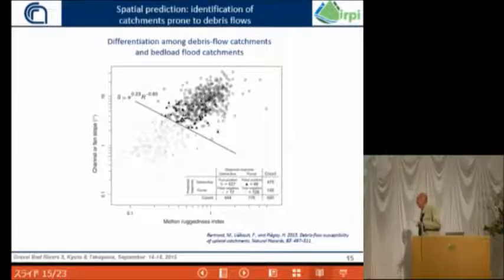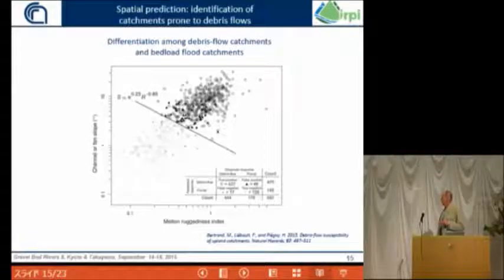This kind of plot, from this paper, where again one of the attendants of this workshop is one of the authors, is the most recent evolution of a series of studies that aim at discriminating debris flow catchments from so-called fluvial catchments based on morphometric parameters: the alluvial fan slope and an index of basin ruggedness, the Melton ruggedness index, the ratio of basin relief to the square root of drainage area. Of course, these morphometric conditions are not the only control.